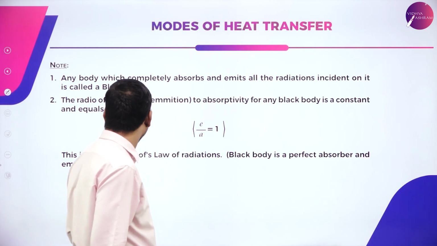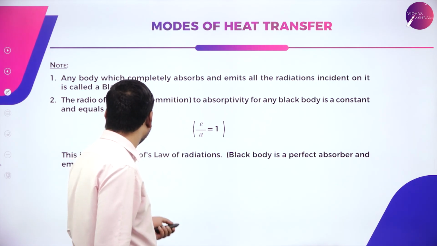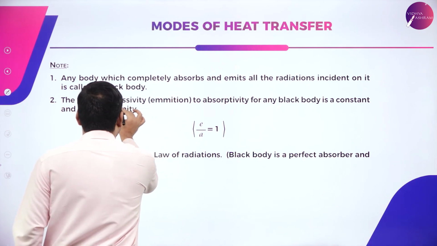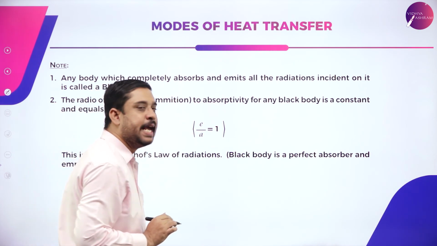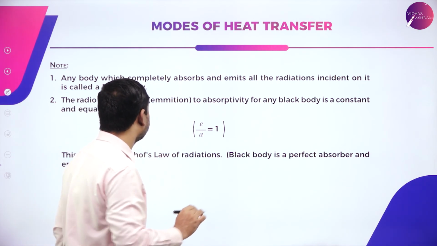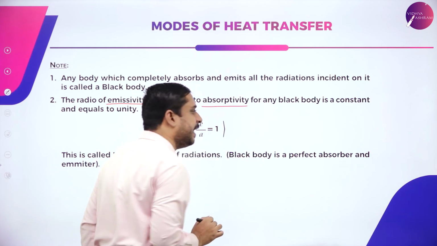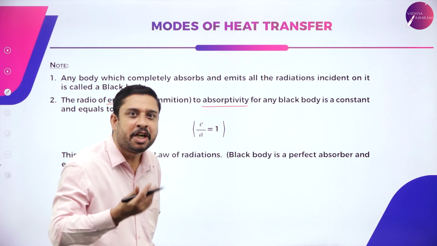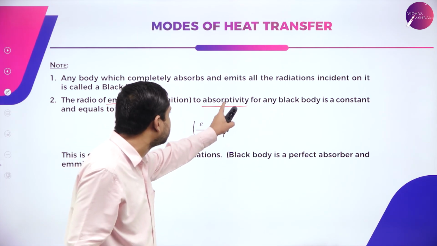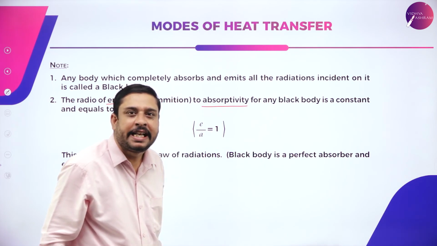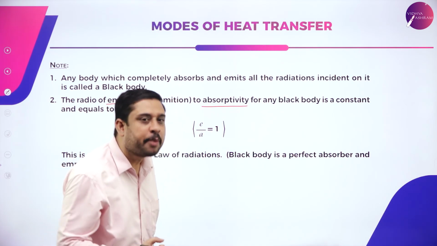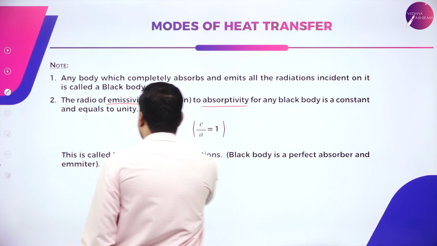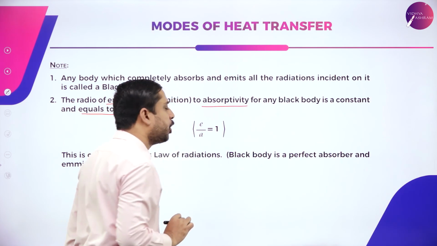And finally, we will write Kirchhoff's law, which says the ratio of emissivity to absorptivity, where emissivity means the power to emit radiations and absorptivity the power to absorb radiations, for any black body is a constant and it is equal to unity.